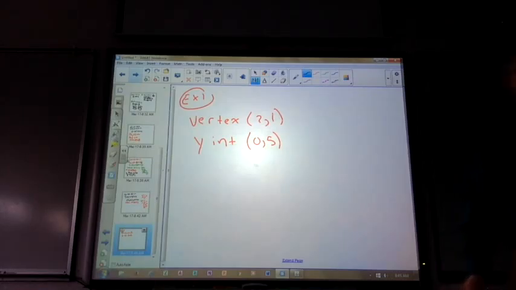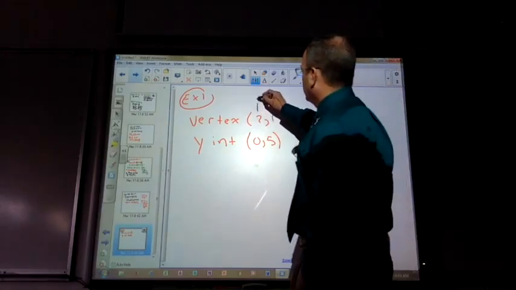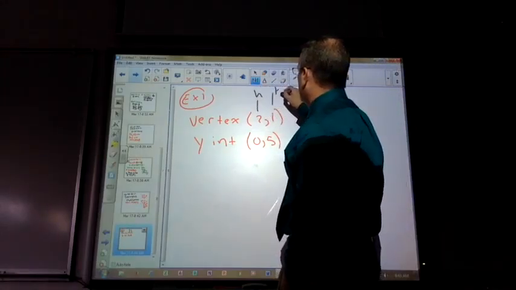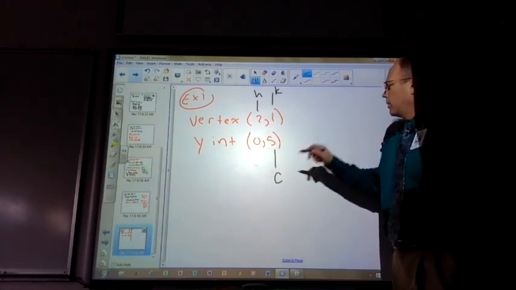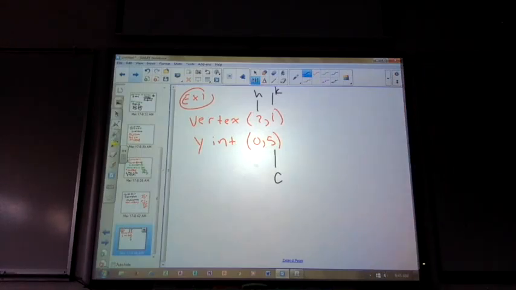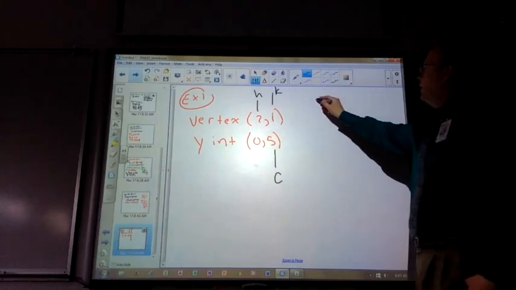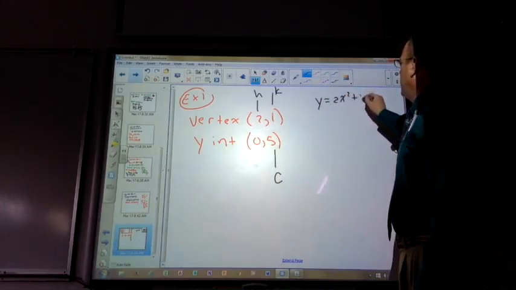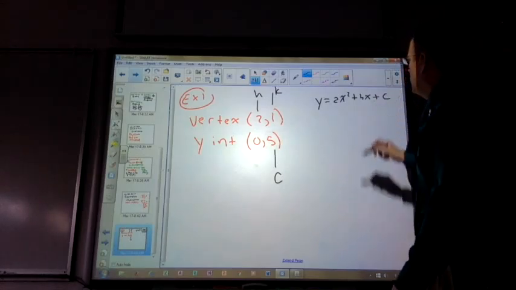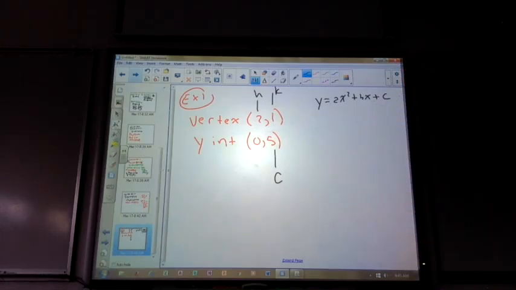H and K. So that's an H, that's a K. The y-intercept goes with which value? It goes with a C value. Okay, so we have the vertex, h k, and the y-intercept. So our standard form is y equals ax squared plus bx plus c. So the only thing I could plug in right there would be my c value.